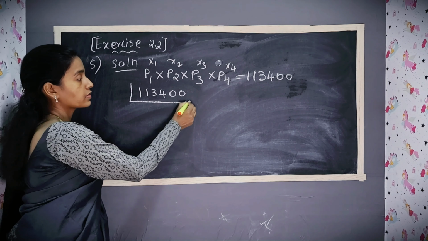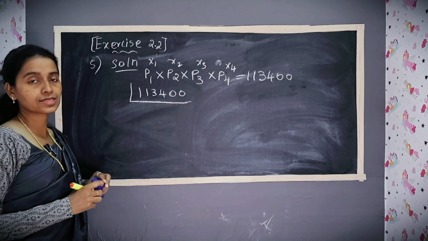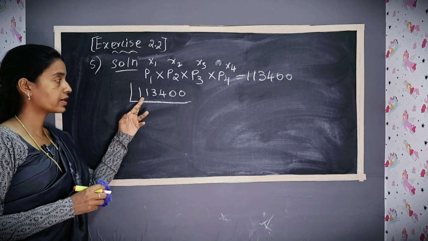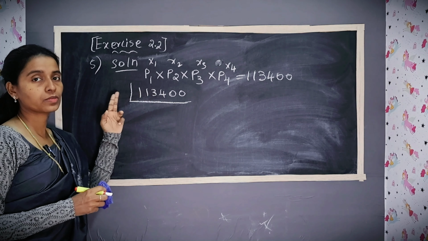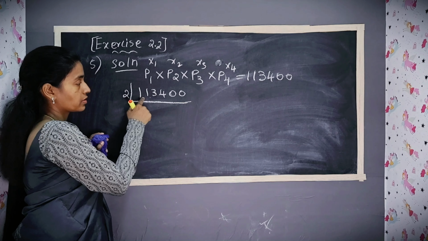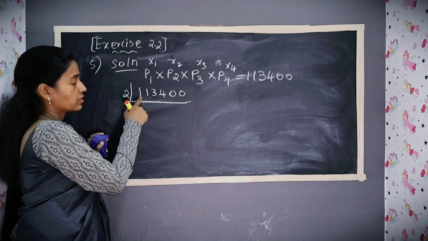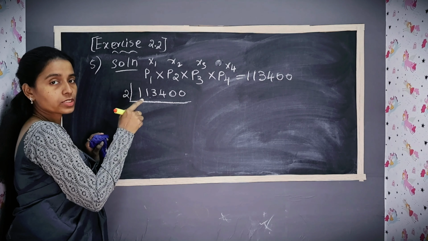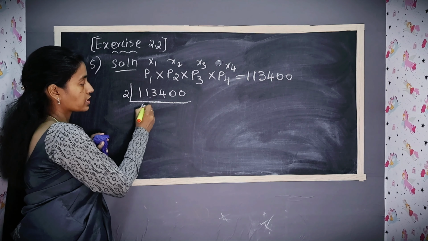Since the last digit is 0, I am taking 2. That means I have to divide this big number by 2. If I am taking 11, if it is divided by 2, I'll be getting the quotient 5, right? 5 into 2, 10.